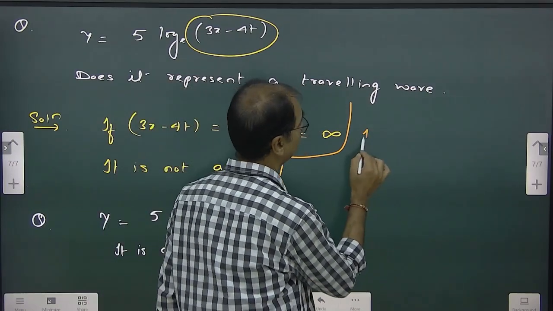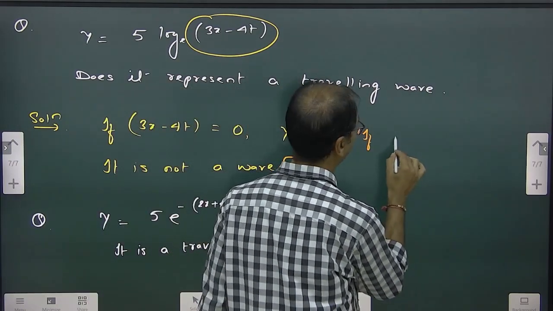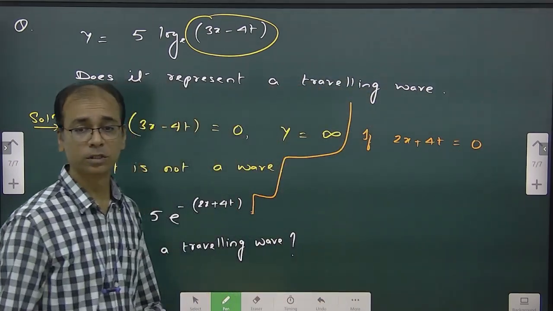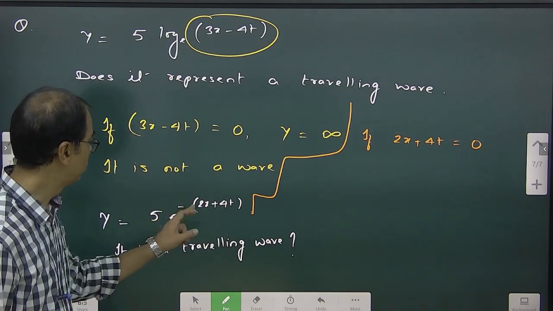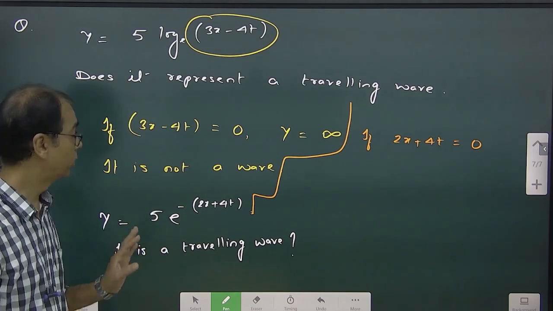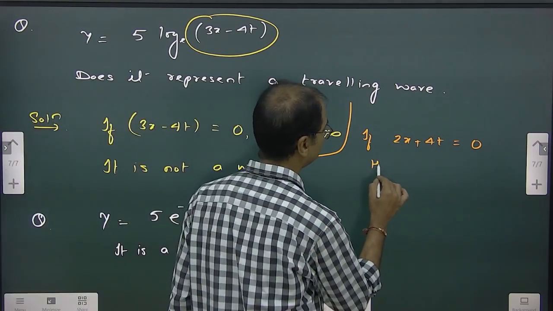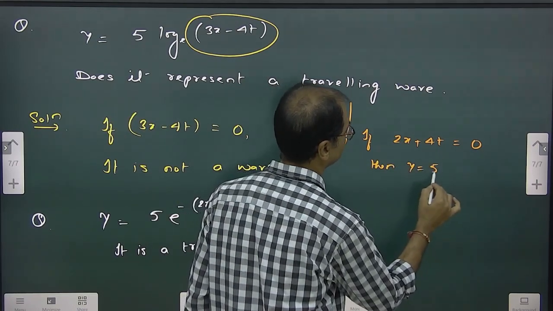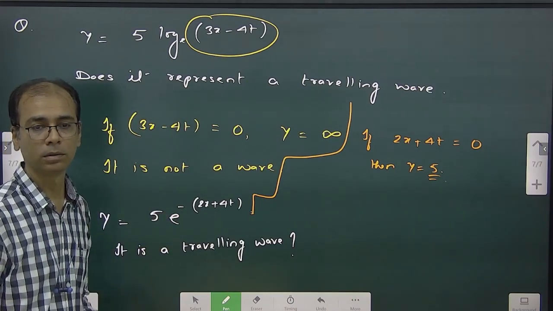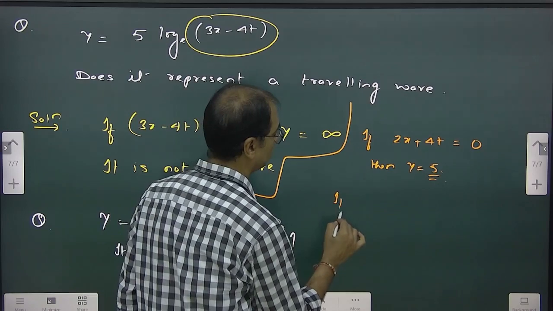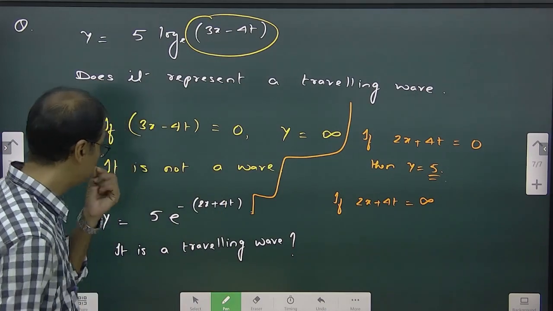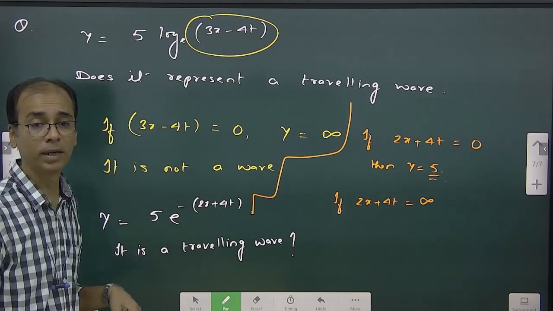If 2x plus 4t is 0, then this will become e to the power 0, which is 1. So it is possible, then y will become 5. Then if 2x plus 4t becomes infinity, this will be minus infinity.